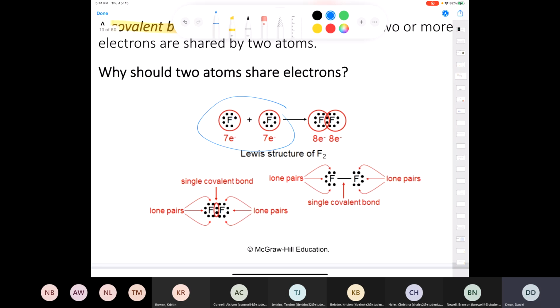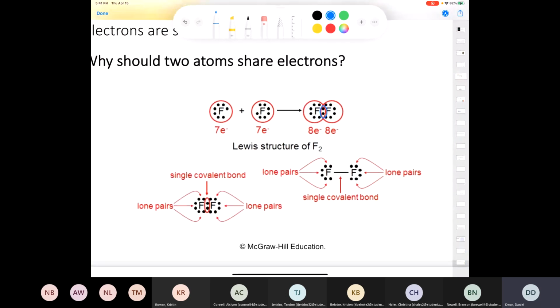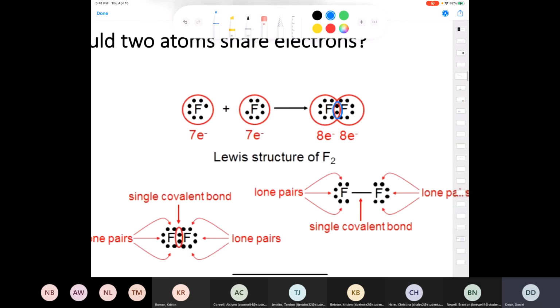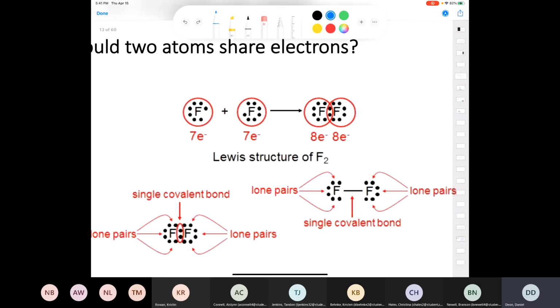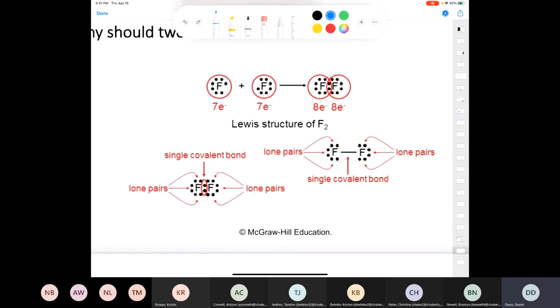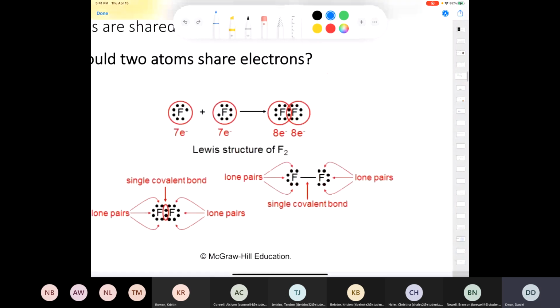What happens when 2 fluorines come together? Now, when the 2 fluorines come together, they share these 2 electrons, the 2 electrons in this portion right here, this part of what looks like a Venn diagram. This comes from our textbook. And the way that we would represent the valence electrons is we would just represent it like this.